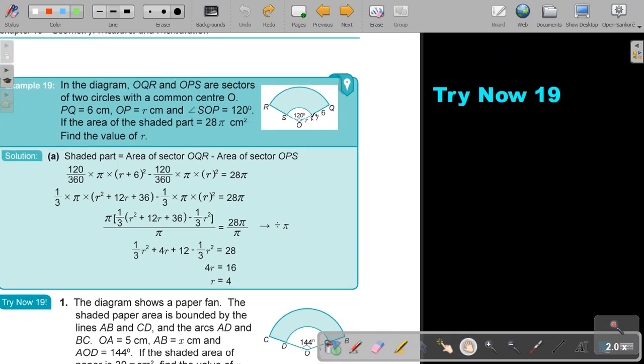Okay, so just make sure that PQ was 6 and OP was R. So basically this one will be R plus 6, and that's what I showed you there.